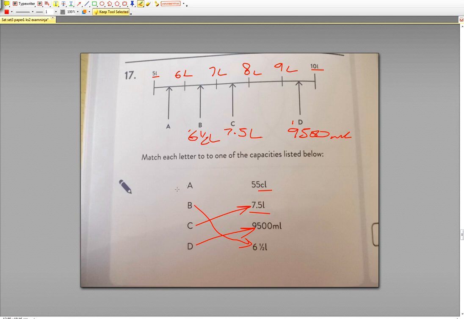So A has to be 55 centiliters. What's 1 centiliter, by the way? 10 milliliters. So 55 centiliters is 550 milliliters, which is the same as 0.55 liters. Okay. Yes.